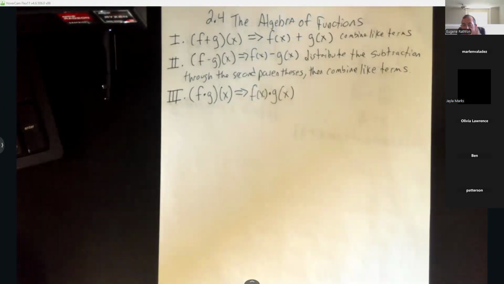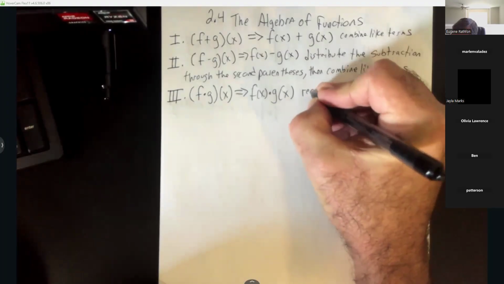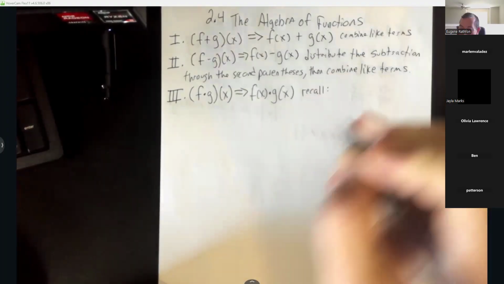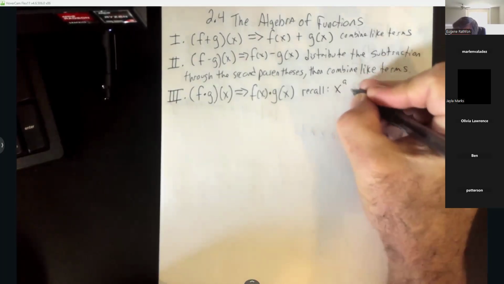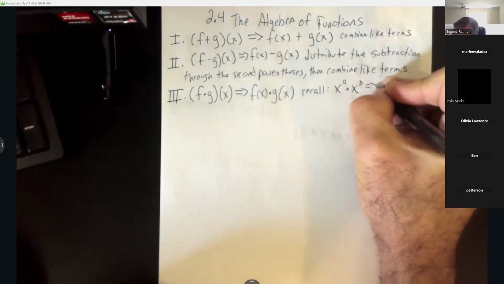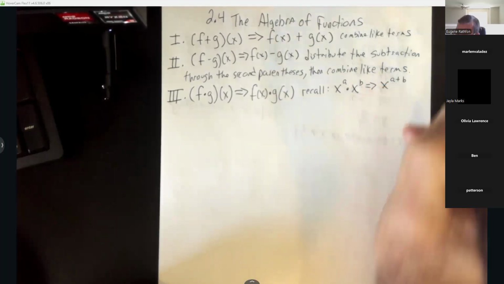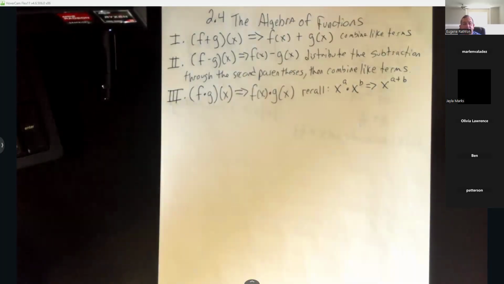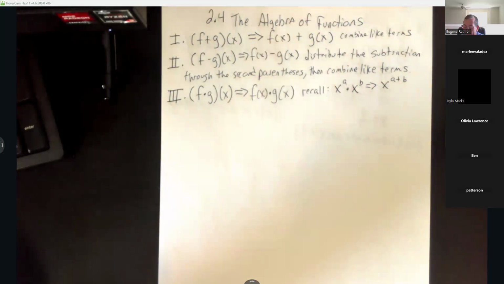So you're multiplying. So recall, when you're multiplying x to the a times x to the b equals x to the a plus b. When you multiply x's times x's, you add those exponents.